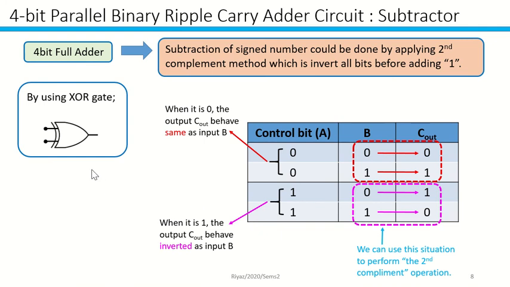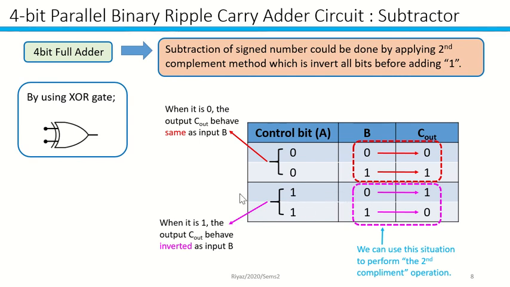By using a XOR gate. Before you use the XOR gate, we need to understand how it works. For the XOR gate, 0, 0 becomes 0, 0, 1 is 1, 1, 0 becomes 1, and 1, 1 is 0. So if you see over here, with a change of input, 0, 1 becomes 1 and 1, 0 becomes 1.